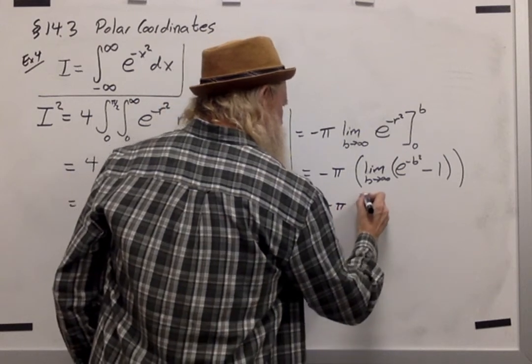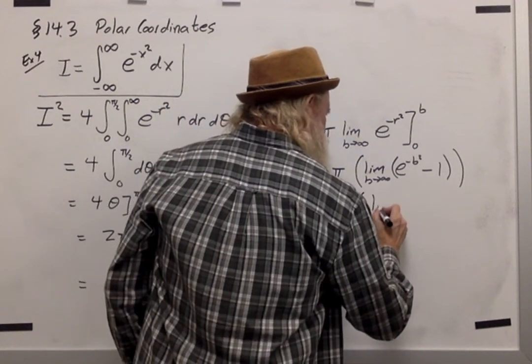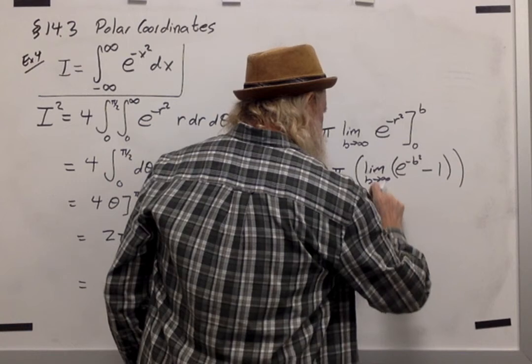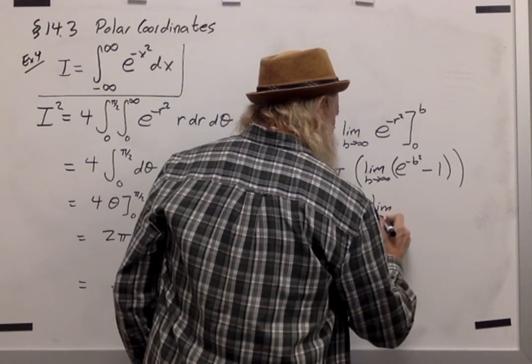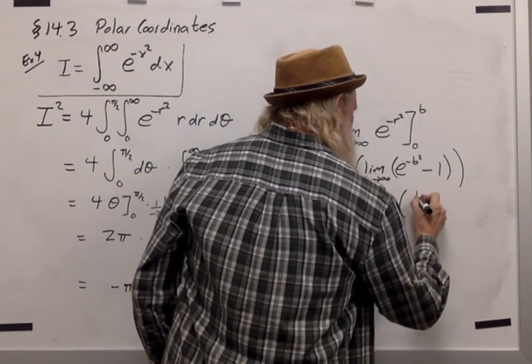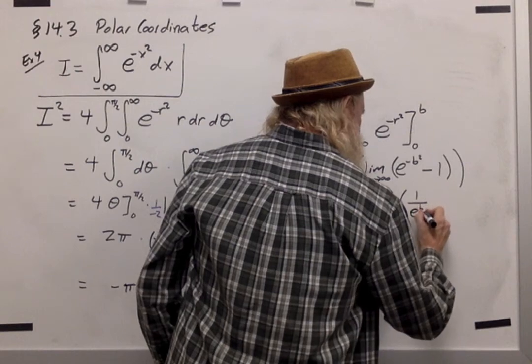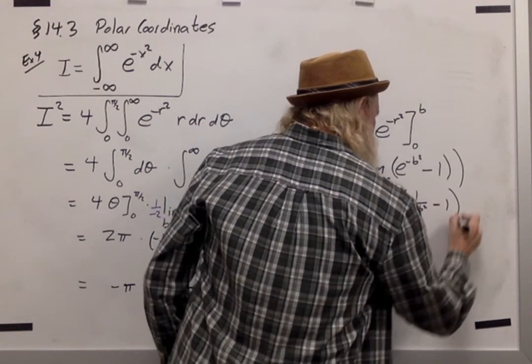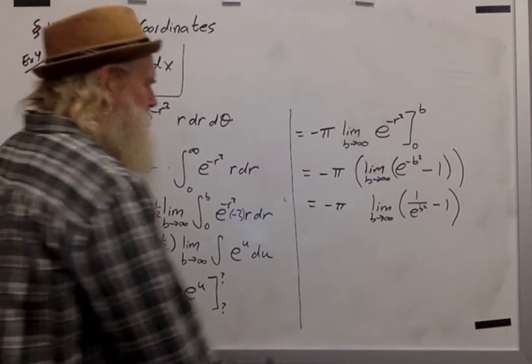Let's simplify just a little bit more before we take that limit. That's negative pi times the limit as b goes to infinity of 1 over e to the b squared, minus 1.